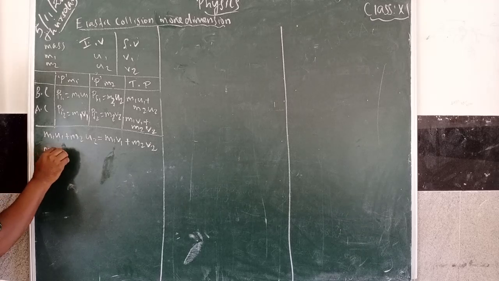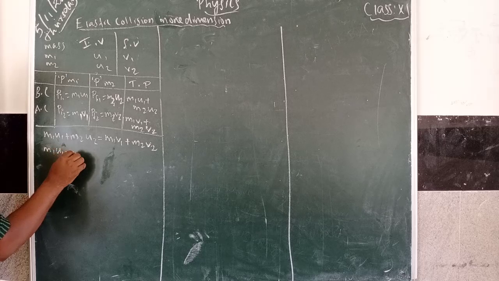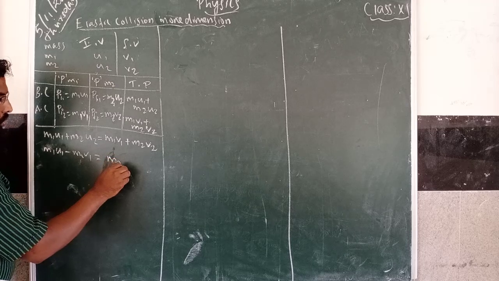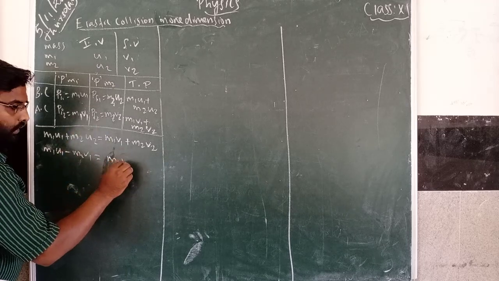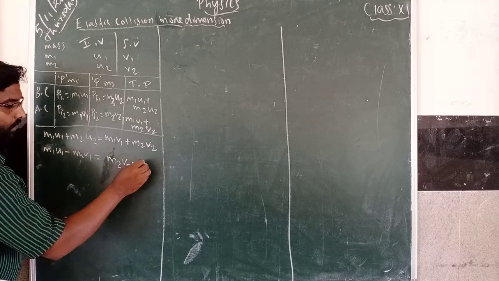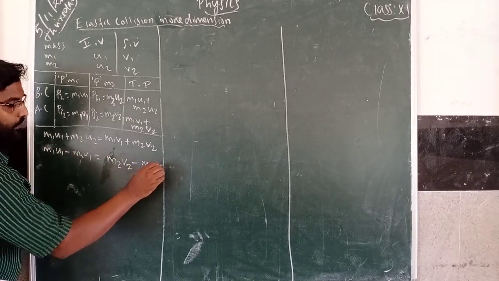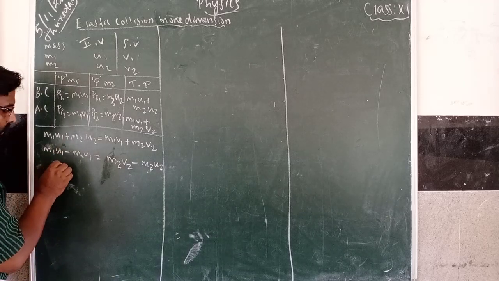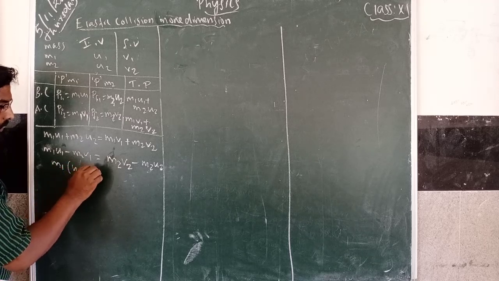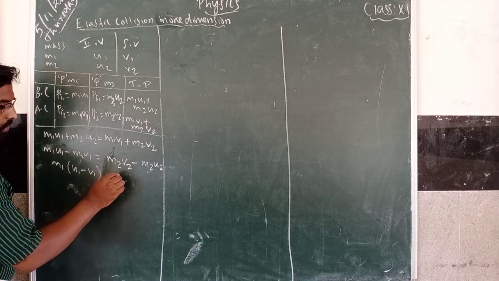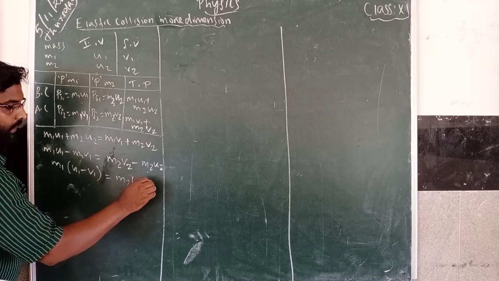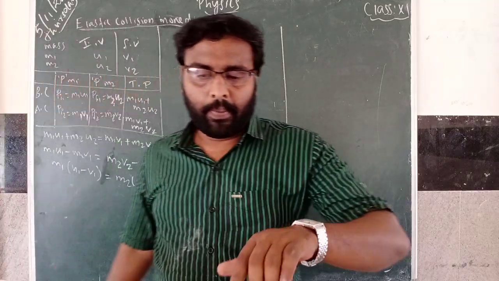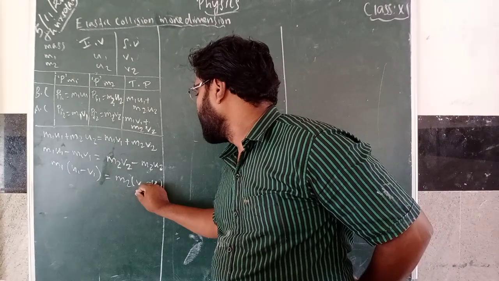I am taking m1 v1 to this side: m1 u1 minus m1 v1 is equal to m2 v2 minus m2 u2. Now take m1 outside: m1 into u1 minus v1 is equal to m2 into v2 minus u2. This we keep as equation 1.